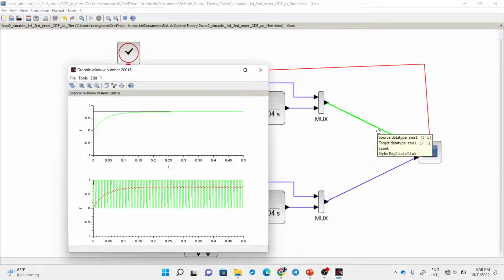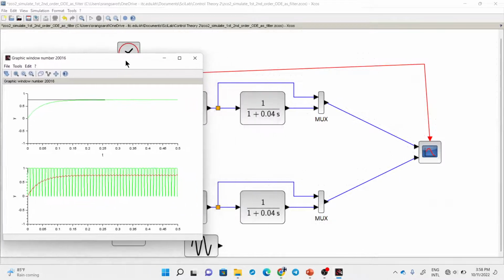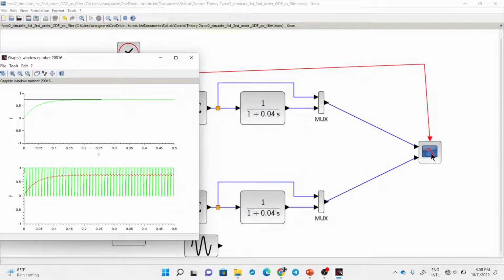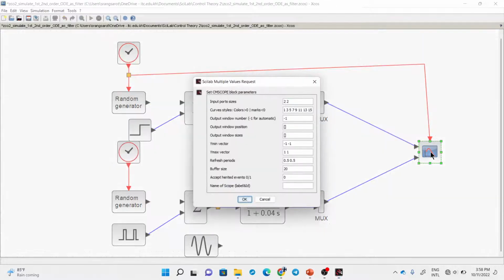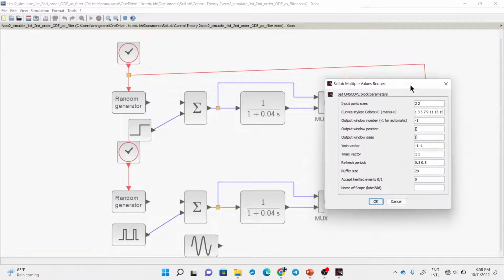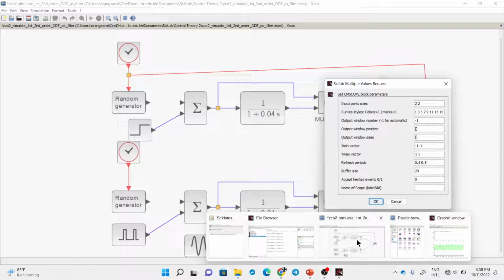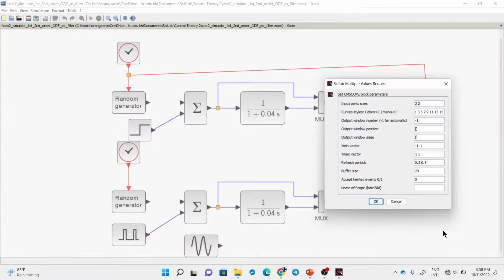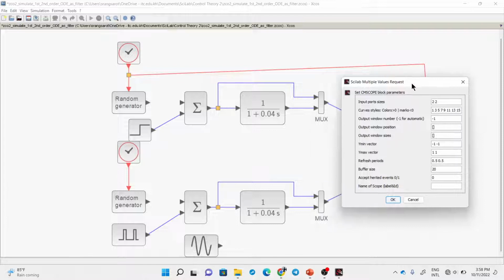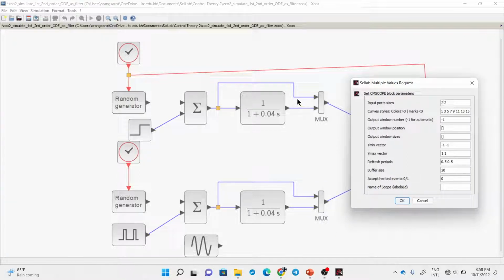Okay. So you need to use one scope with multiple ports, and you need to configure the port like this. Port number one, you have two signals because you have the mux here, 1, 2, and the second signal from here you also have 2.